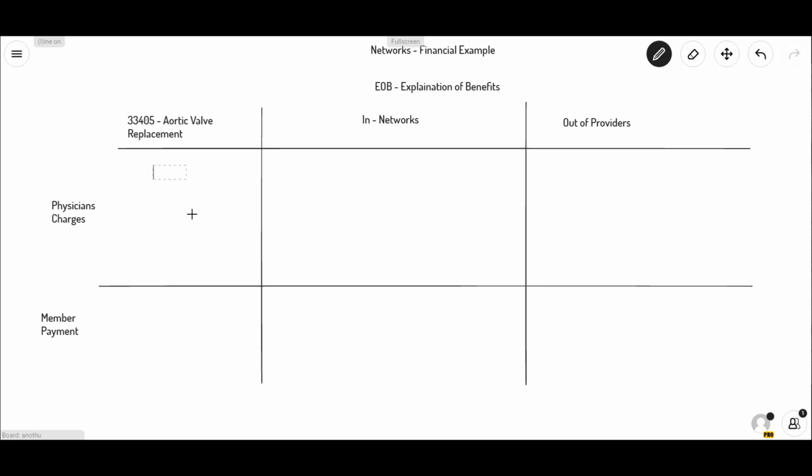from the example before, we made up this example, so the numbers are fictional here, but the relationship is not. We said that the physician charges retail for this service $45,000. So you went and had a heart surgery done, and the physician's normal charge is $45,000.